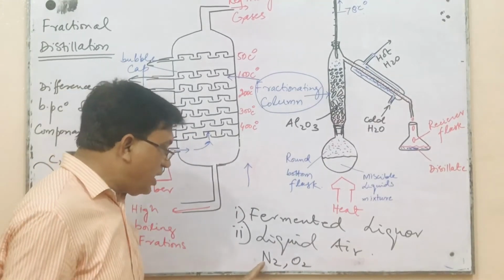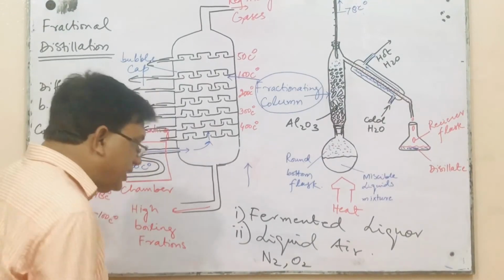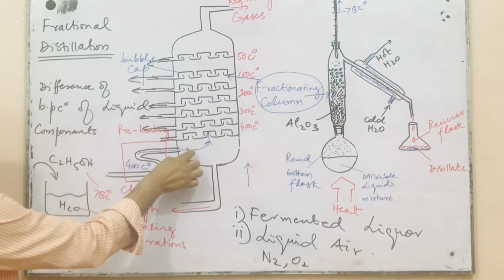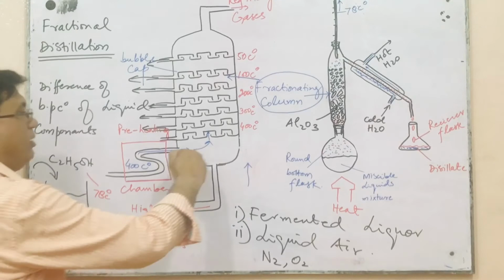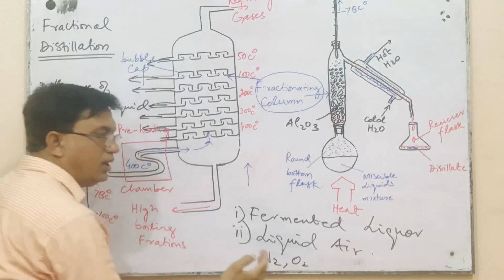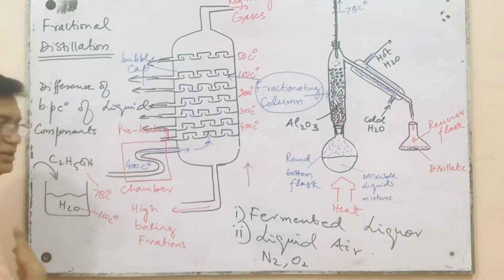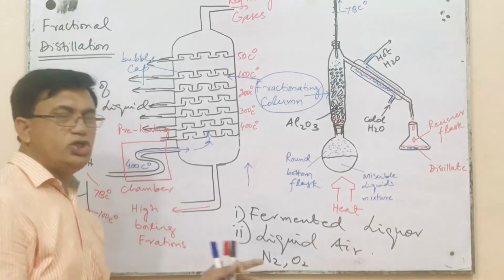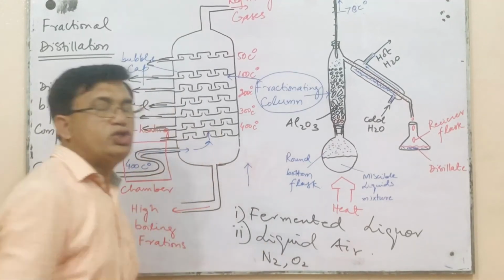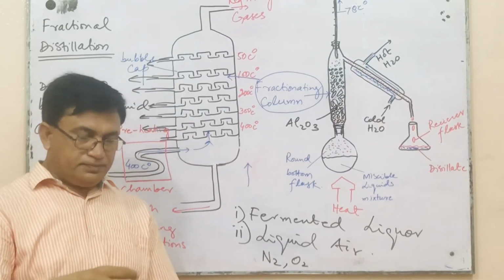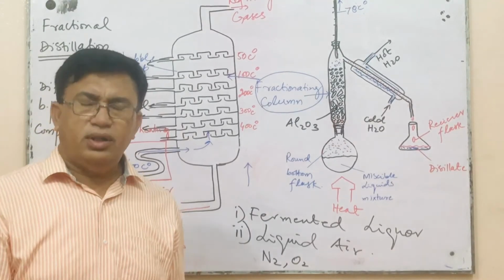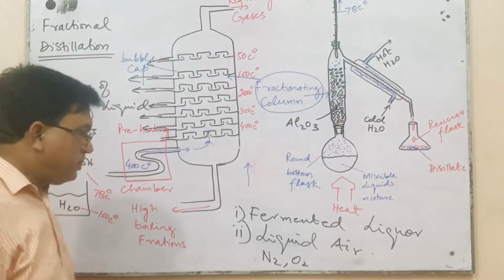Both of these components are liquefied first, and then this liquid air is transferred into the fractionating column, and depending upon their difference in boiling points, nitrogen and oxygen are separated. Nitrogen is used for the production of ammonia in the Haber process, and oxygen is used in the oxyacetylene flame or in hospitals for better respiration.